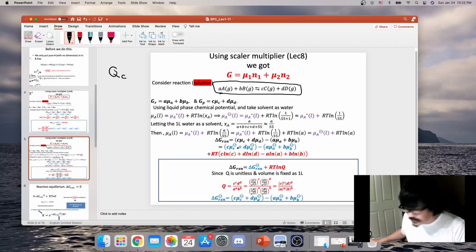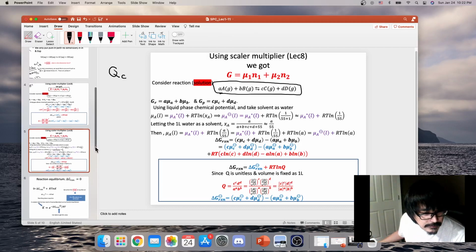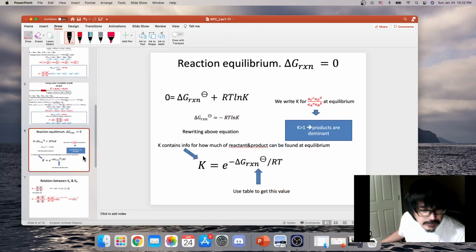Alright, that's good. Let's do the next slide. So what happens if you are at equilibrium? At equilibrium, delta G is equal to 0, right? So delta G can be substituted to 0, and that's equal to this plus that.